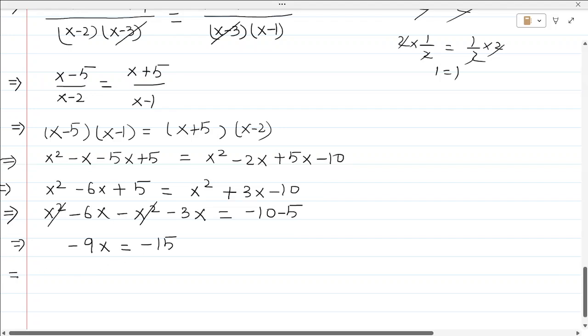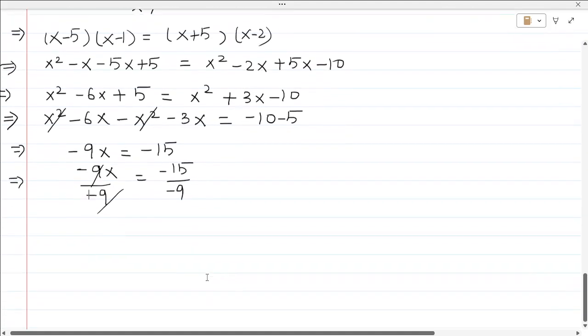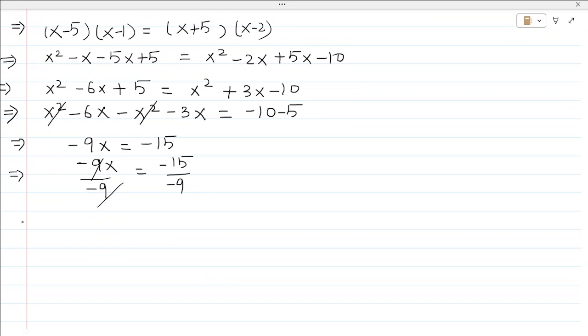So dividing both sides by minus 9 we get minus 15 by minus 9. This cancels by this, so we are left with x is equal to, cancelling this sign with this sign, dividing both the numerator and denominator by 3, we get 3 5s are 15 and 3 3s are 9.